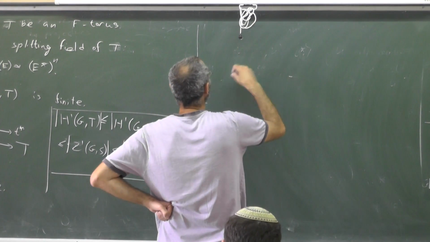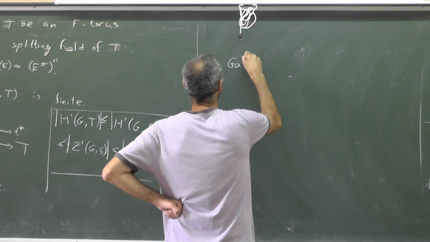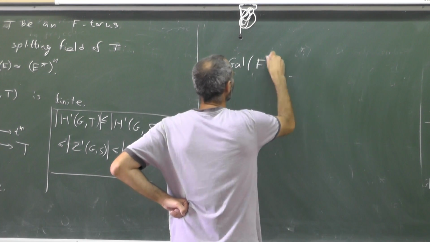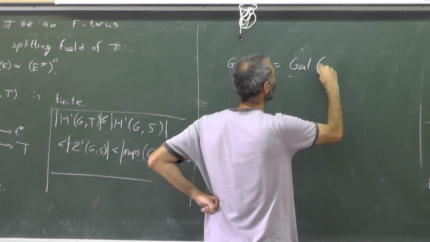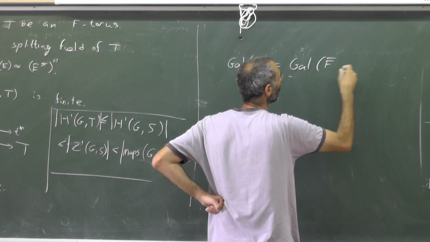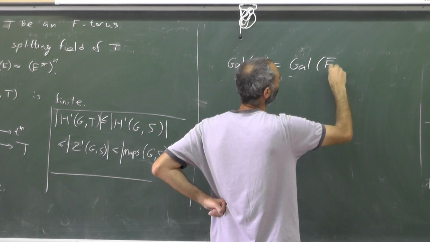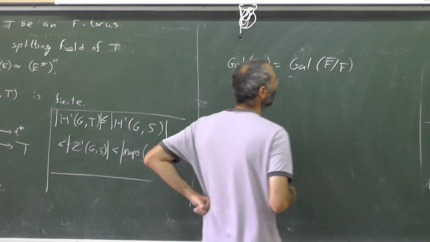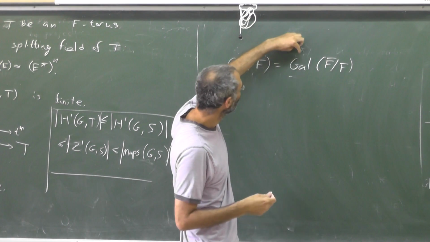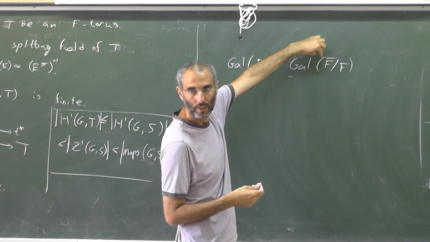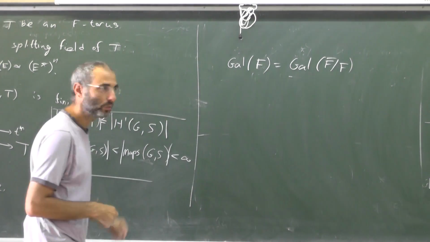So probably you do know that if I'm looking at the abstract Galois group of the field F, by definition, this is the Galois group of F bar over F. Let me think characteristic 0, so I have no inseparability issues.